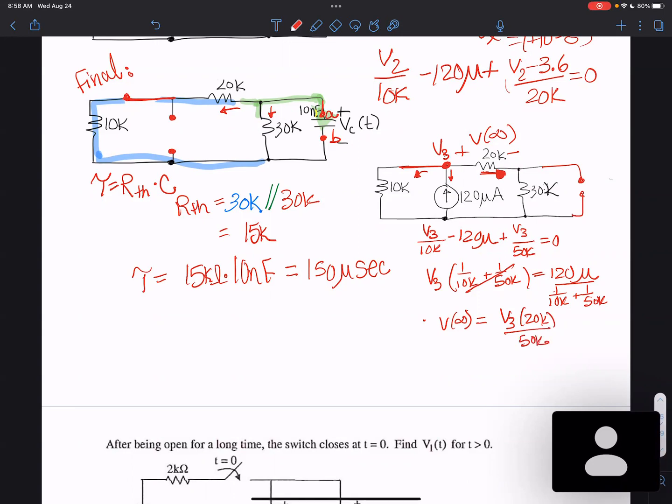And that value ends up being, so V3 ends up being 1 volt.